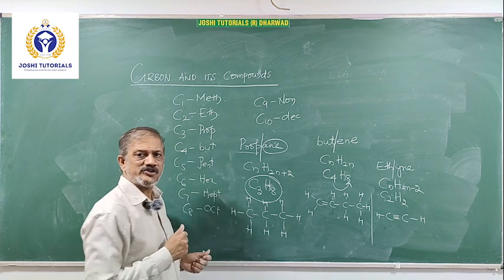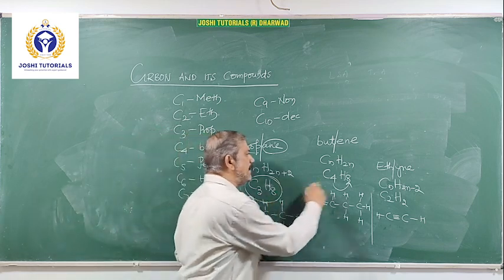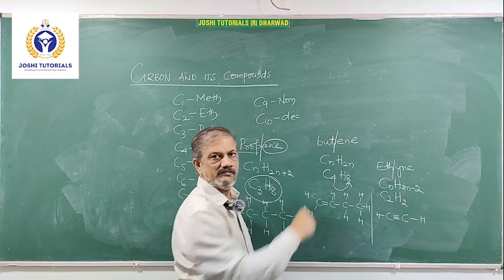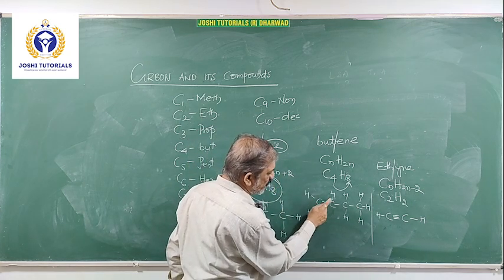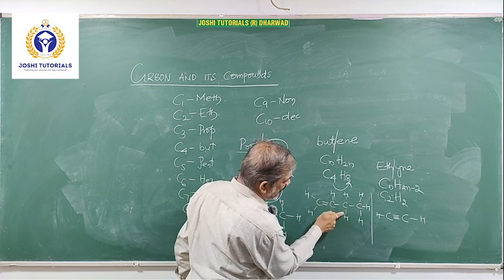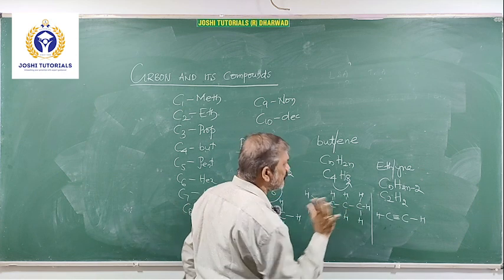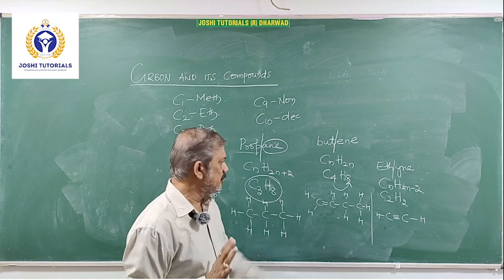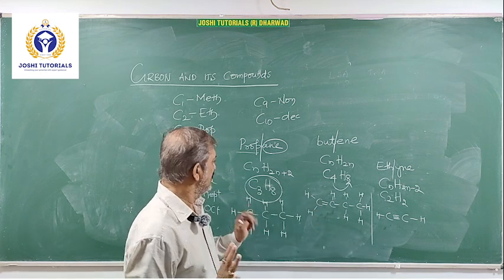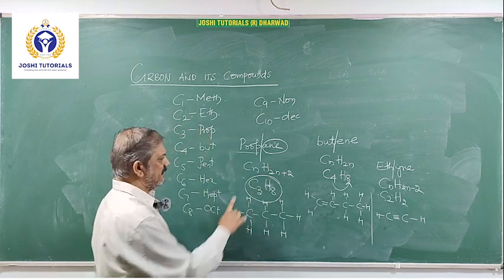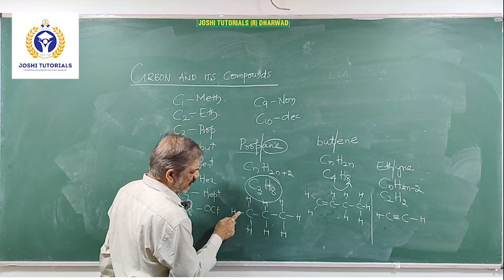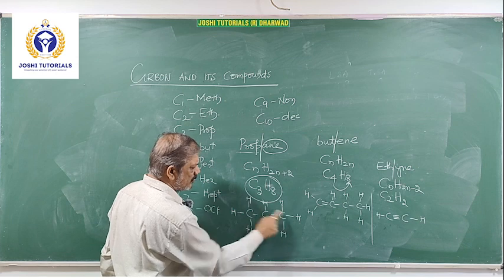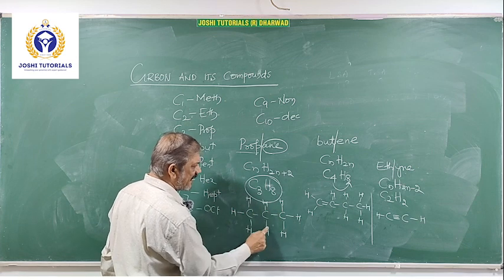And one more question: number of covalent bonds in butene. If you see 1, 2, 3, 4, 5, 6, 7, 8, 9, 10, 11, 12, there are 12 bonds. Here in the case of propane, 1, 2, 3, 4, 5, 6, 7, 8, 9, 10.